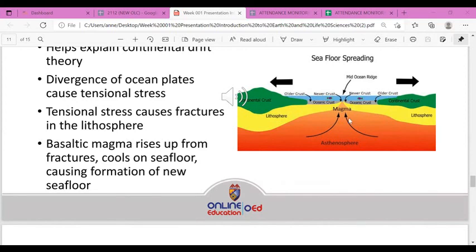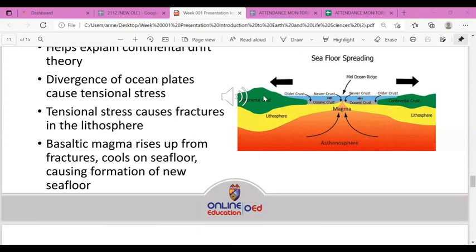Okay? And the tensional stress causes fracture in the lithosphere. The basaltic magma rises up from the fracture and pools on the seafloor, causing formation of the new seafloor. Of course, siyempre dumadami. Yung newer crust mo habang naglalabas na ng molten materials, dumadami ngayon yung mga older crust mo.